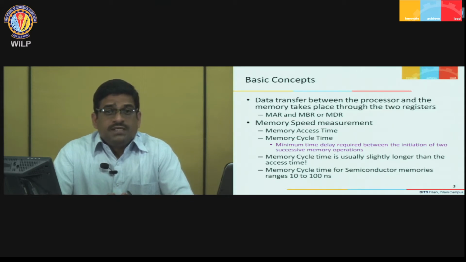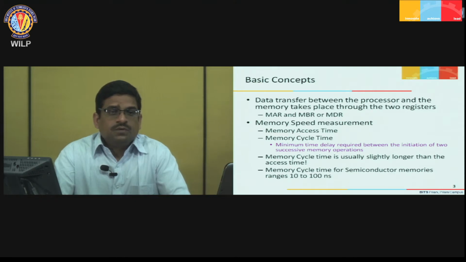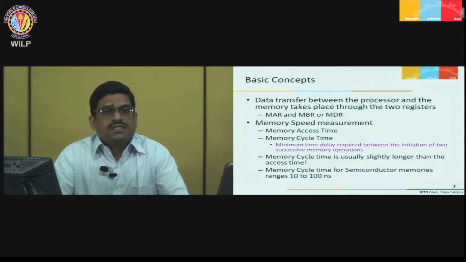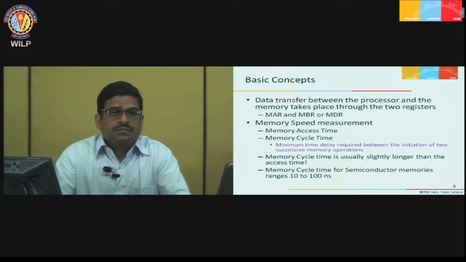Memory speed is measured through memory access time and memory cycle time. The difference between access time and cycle time is that both are time required. Access time is the time between placing the address by the processor and the data being provided by the respective module.